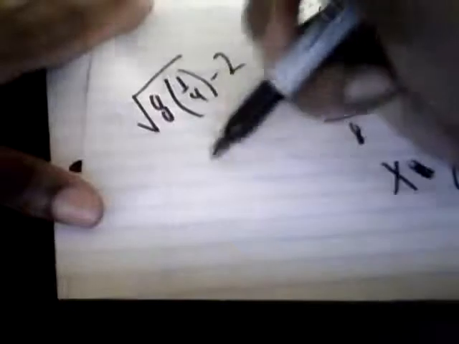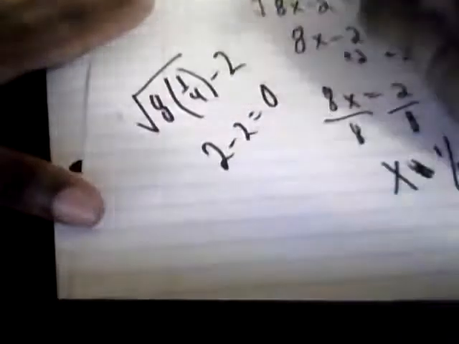So the function is continuous on all real numbers except for when x is less than or equal to 1/4. When we plug 1/4 into this equation, 8 times 1/4 minus 2, when we solve for that, we get 0.